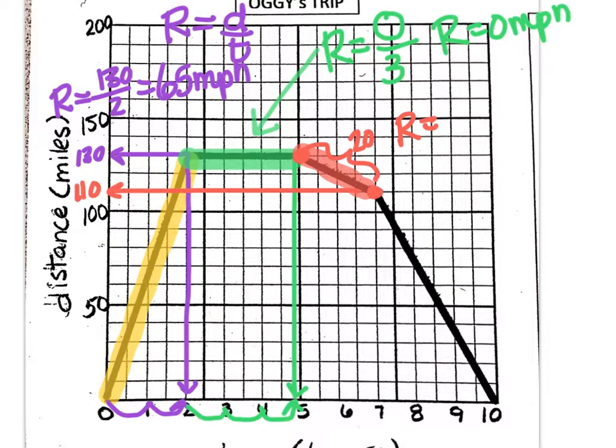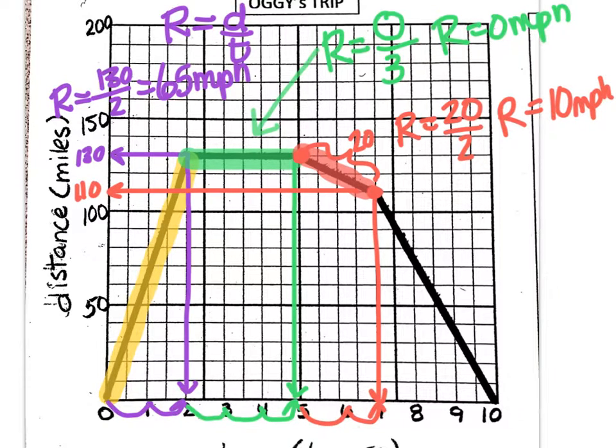So we know that little section, we went 20 miles, and we know that little section went from hour 5 to 6, and then hours 6 to 7. So we only went 2 hours. So we're going to divide that by 2. So our rate equals 10 miles per hour.